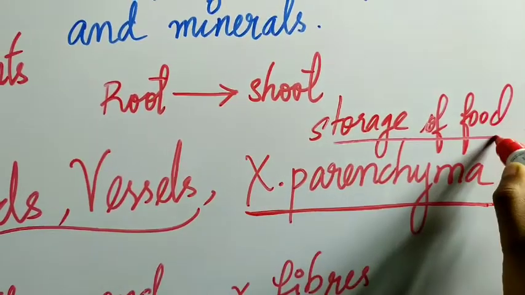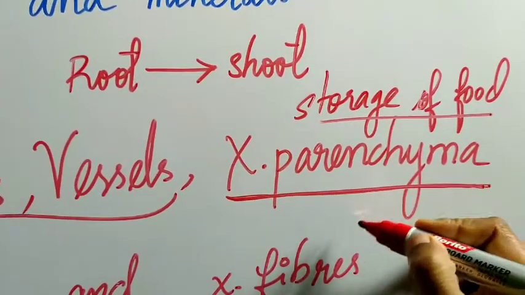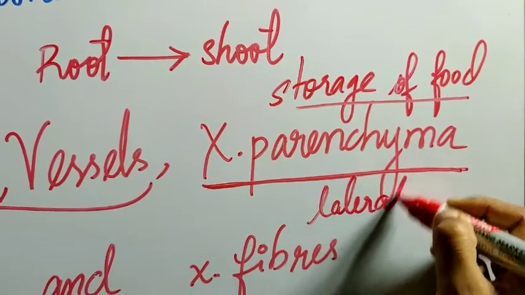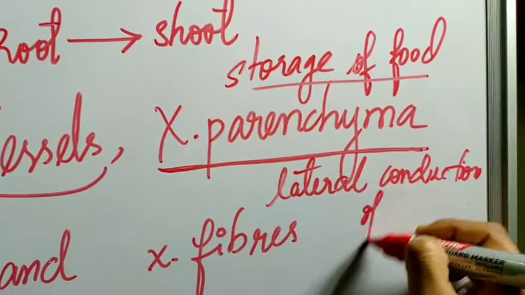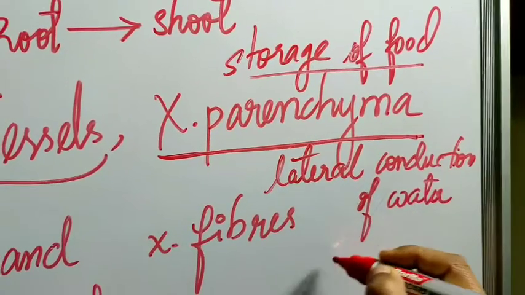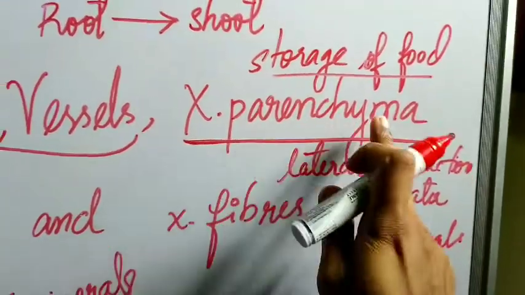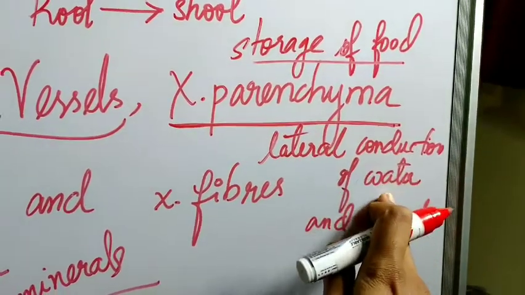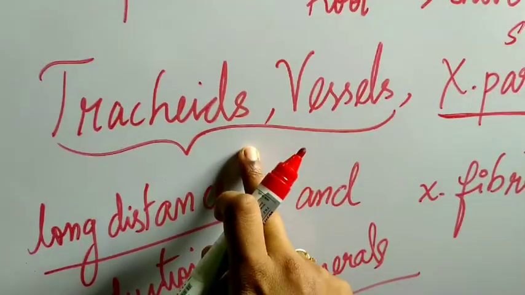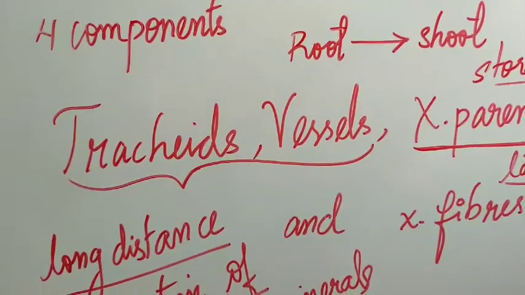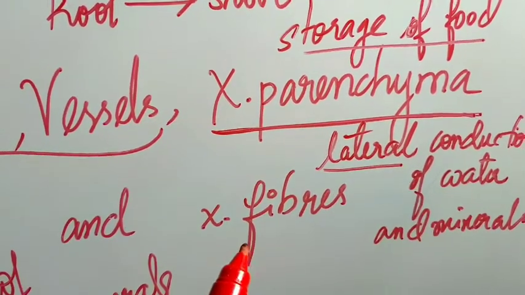But apart from this, xylem parenchyma is involved in lateral conduction of water and minerals. Lateral means sideways. Tracheids and vessels carry upward movement of water, while xylem parenchyma carries lateral, that is sideways, conduction of water and minerals.